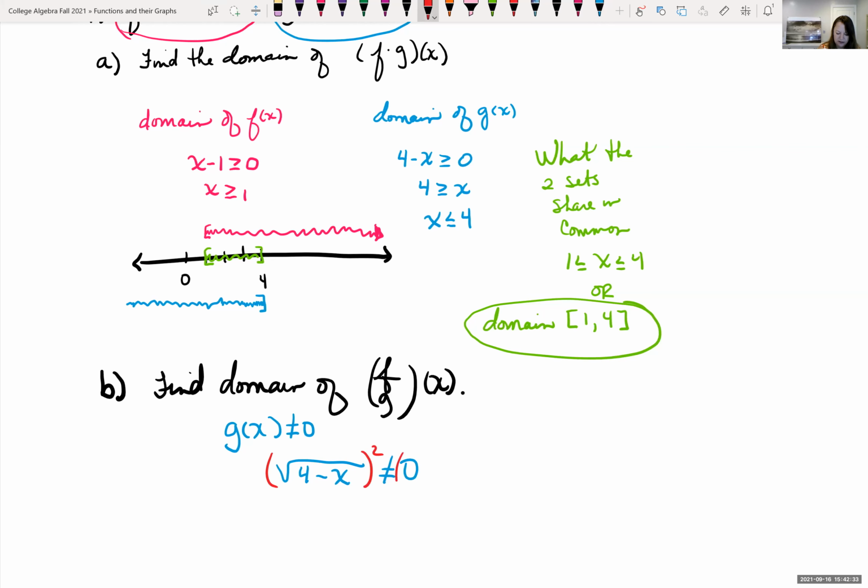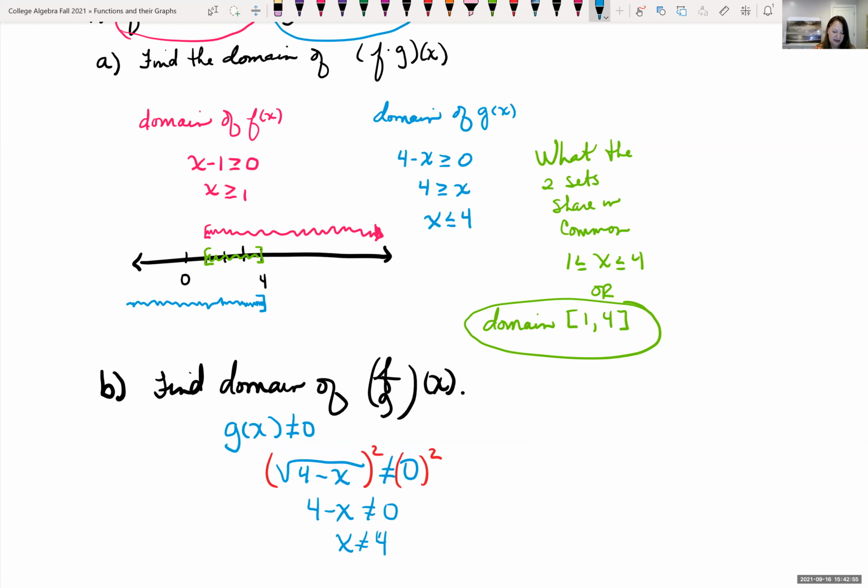But if you couldn't, we could use that property where we can square both sides to clear that radical. And we get 4 minus x cannot equal 0. Add x on both sides. So we say x cannot be 4. So only difference here is that we're not including 4.